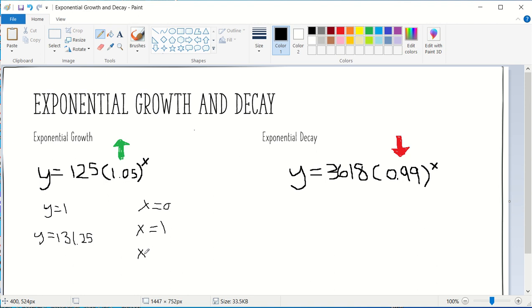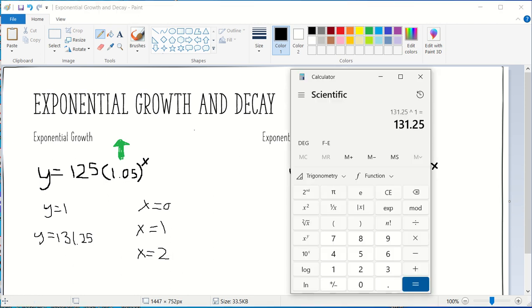What if we made x equal to 2? What do you think then this equation would equal? So starting off the same way, 125 times 1.05, and we're going to then take it to the second power. And now, whoa, it's already equal to 17,226.